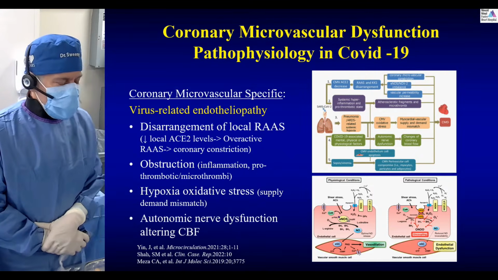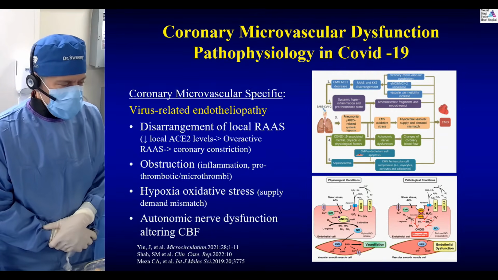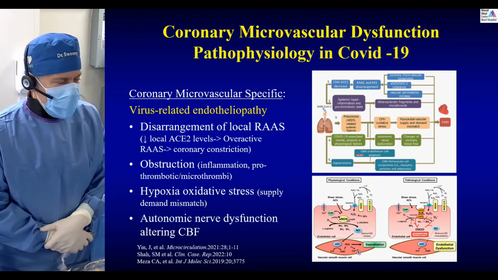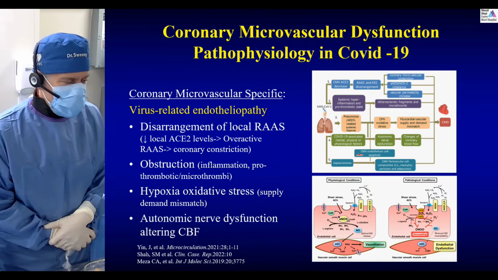I'll point your attention to the lower right. This is a diagram of the endothelial cell, and I think it's a very descriptive diagram. On the left cartoon, this is a normal functioning endothelium.